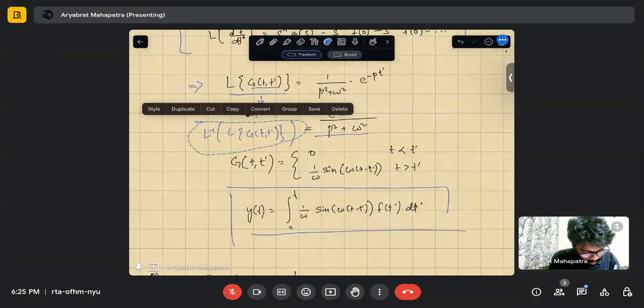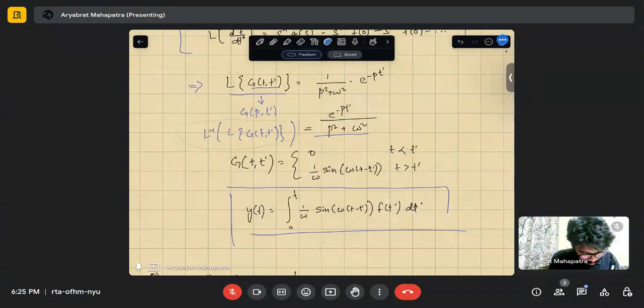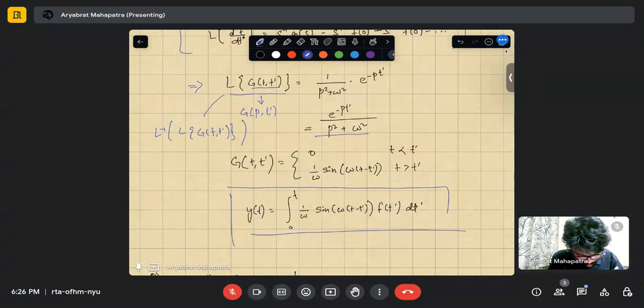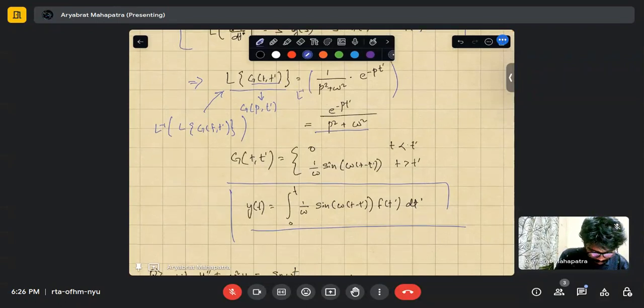Let me make it clear right here. Do Laplace inverse on this side, and also do Laplace inverse on this side as well.